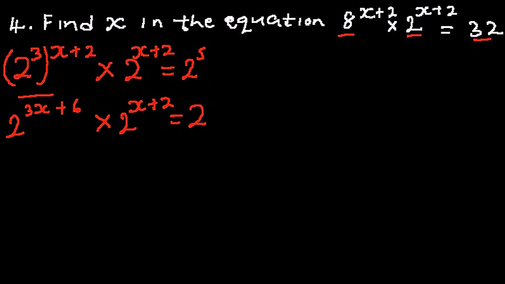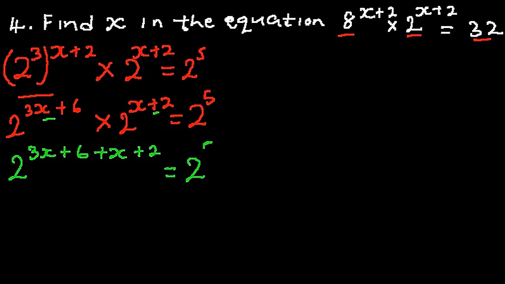Now from there we apply the first row of indices, so we have 2, we add the indices, this and that, so we have 3x plus 6 plus x plus 2 is equal to 2 to power 5.